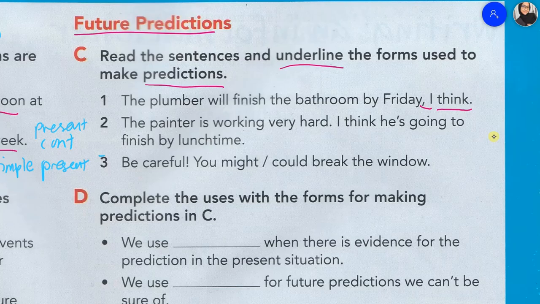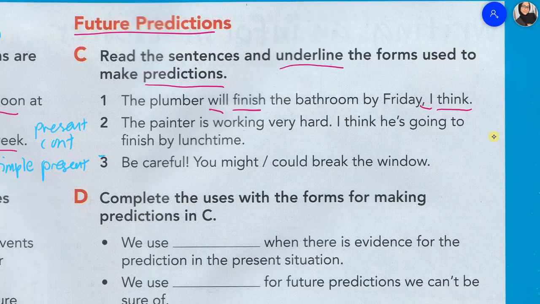And other than that, will finish. Prediction ni basically is something about the future. When you talk about prediction, you will talk about something in the future, right? So will finish and I think are the phrases used to make predictions. What about number two?